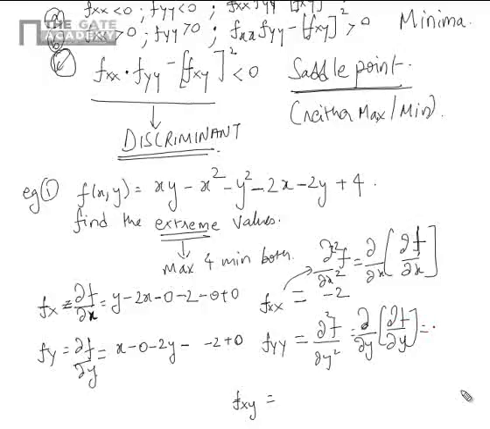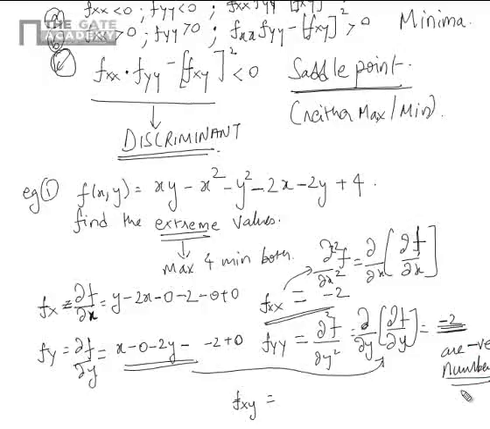I have to differentiate this now partially with respect to y to get this, correct? So now I will get minus 2 here again. Observe that fxx and fyy are negative, not negative functions, they are negative numbers.